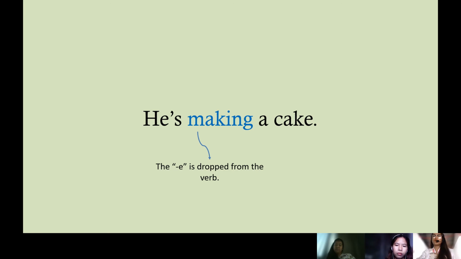Because we just dropped the letter e from the verb. So always remember that if the word ends with letter e, we are going to eliminate the letter e and change it into ing, just like this one. He is making a cake, from the word make. Okay.